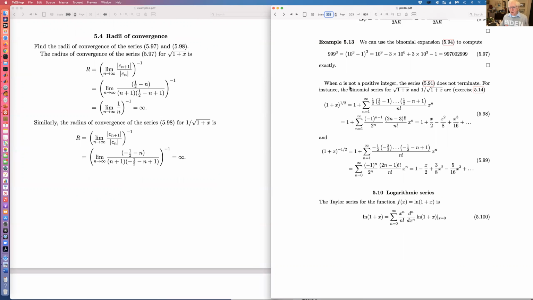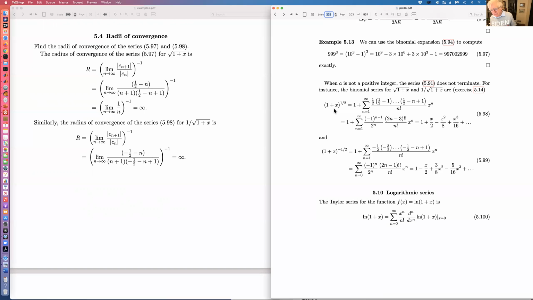Of course, these are formulas that you need to use many, many times in practical physics problems because you often have a square root of something. And in that something, there's usually a big parameter and a small parameter.